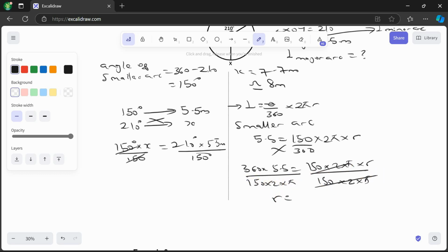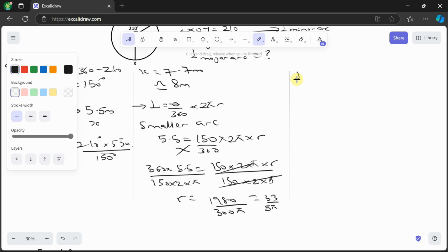My r will be equal to 360 times 5.5, that will give me 1980, all over 150 times 2, which will give me 300 pi. Let me see if I can simplify this any further. If you do some divisions, this will give you 33 over 5 pi. You can see that I'm not using the value of pi as 3.142. So I know what my r is.